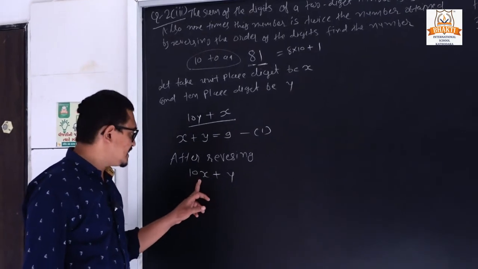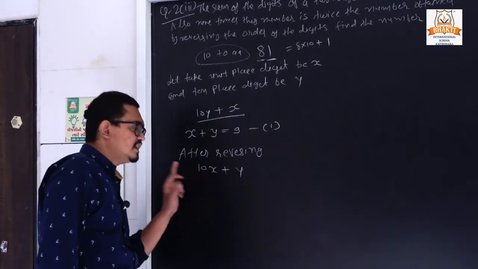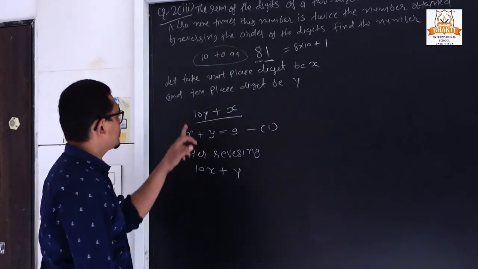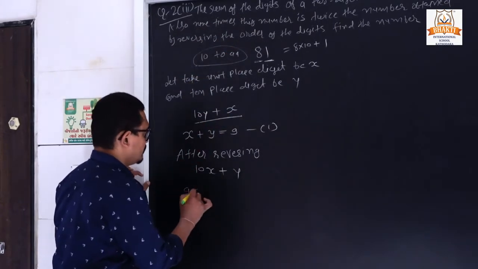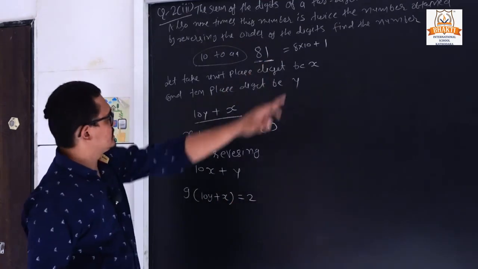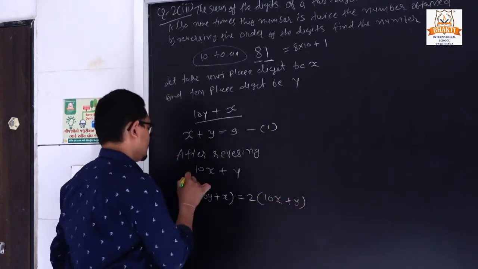The 10s place digit goes to the unit place, and the unit place digit goes to the 10s place. Now they are saying 9 times this number. So 9 times our actual number is equal to twice, means 2 times the reversed number, according to our condition.